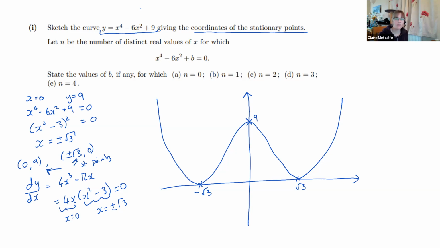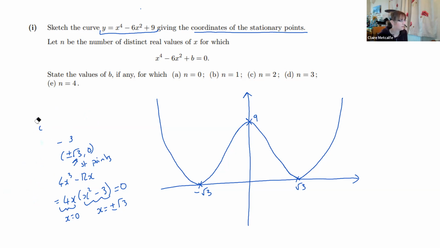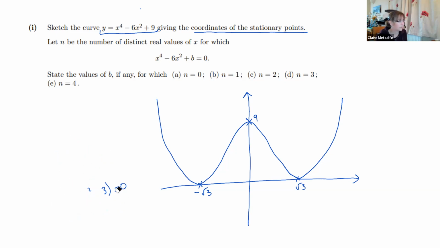Okay, let's have a look at the next part of the question. So I'm going to get rid of this working, so I've got some space to do things. Takes a little bit of a while to delete things if you don't want to delete everything. There we go. Okay, this case here is the case when b equals 9.